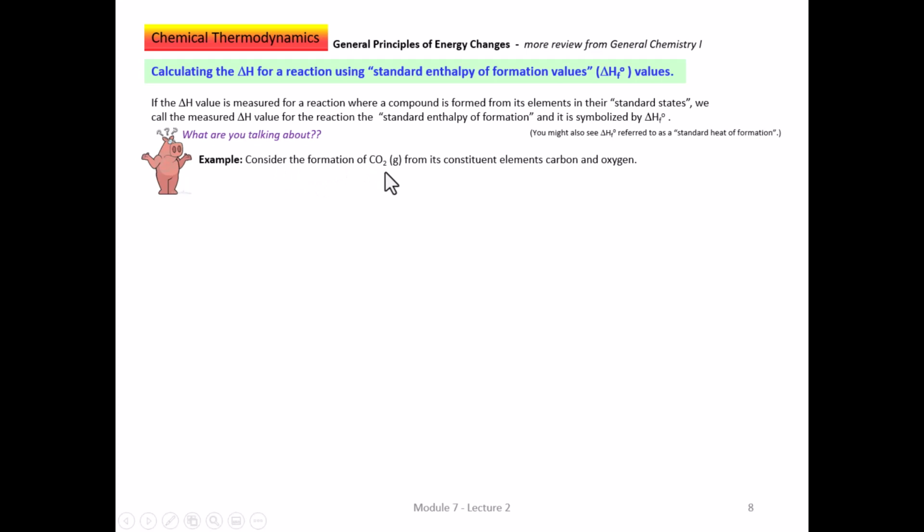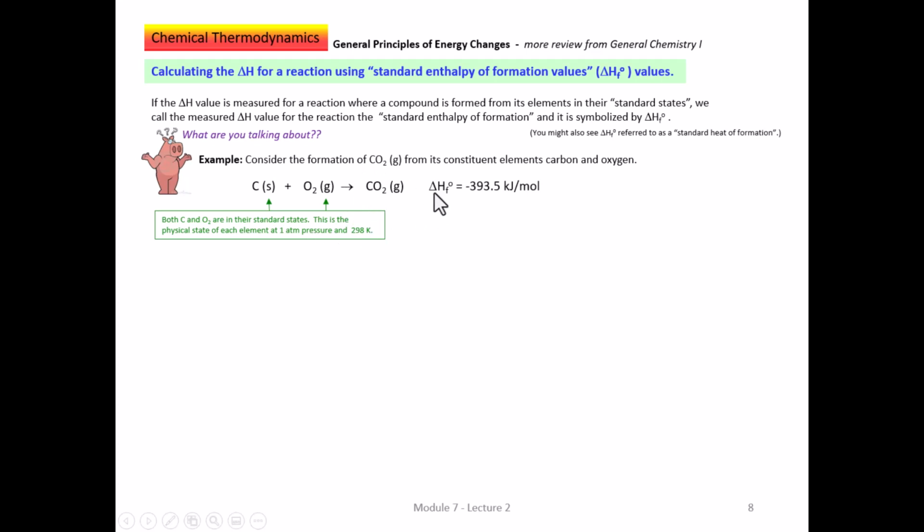Let's consider the formation of carbon dioxide gas from its constituent elements carbon and oxygen. If I wrote an equation for that, I write carbon solid, because that's the standard state of carbon at 1 atmosphere of pressure and 298 K, and O2 gas, because gas is the standard state of oxygen under 1 atmosphere of pressure and 298 K. The formation of CO2 under these conditions would give a delta H value of minus 393.5 kilojoules per mole.